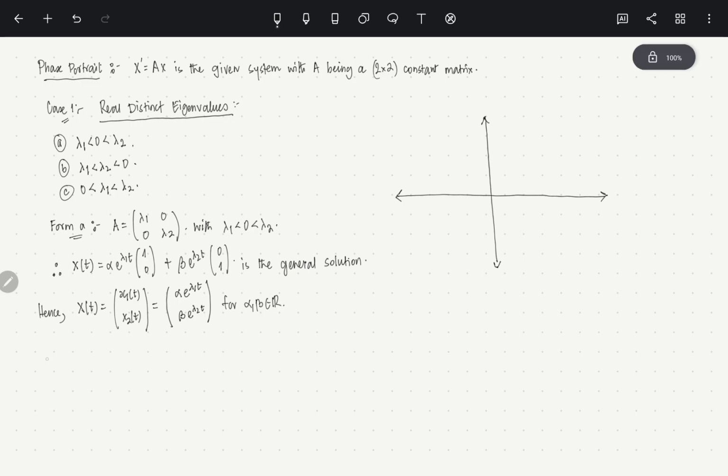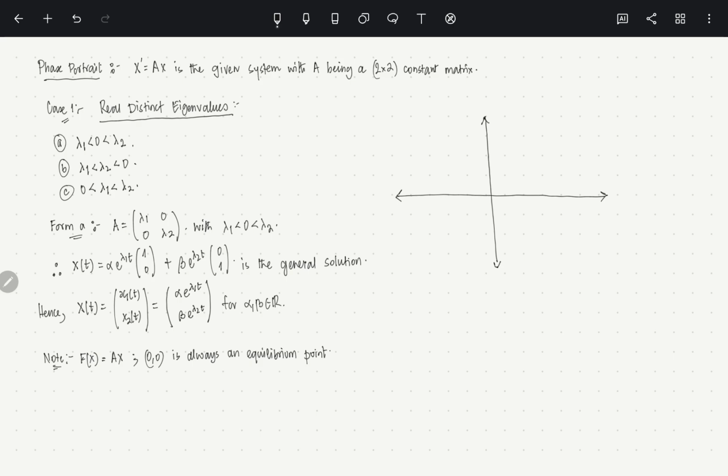Note, there is a small point. If you consider f of x, let's say this is A x in your case, you see that (0, 0) is always an equilibrium point, irrespective of whether A is invertible or not.